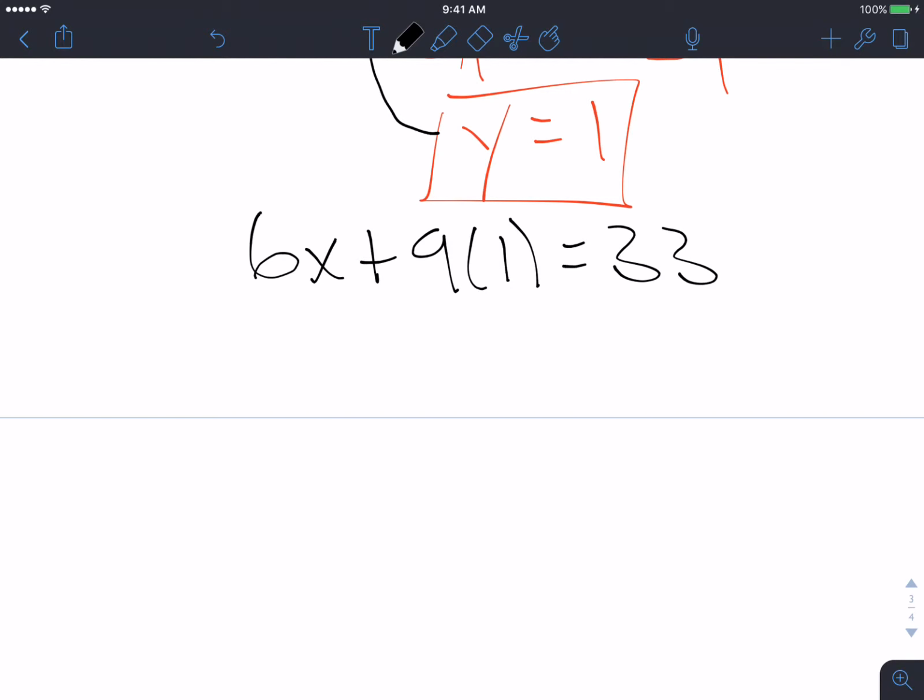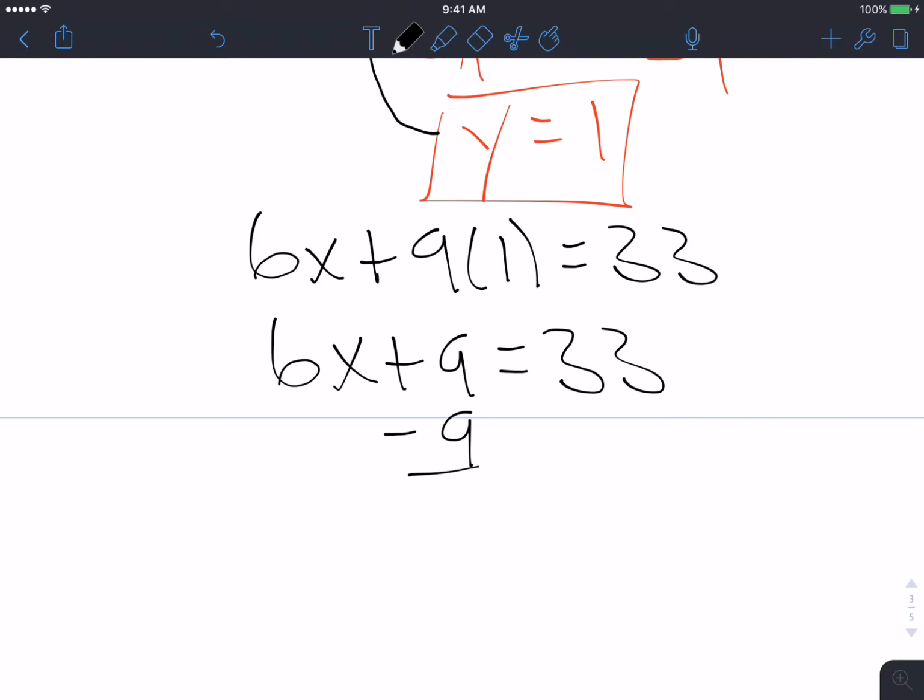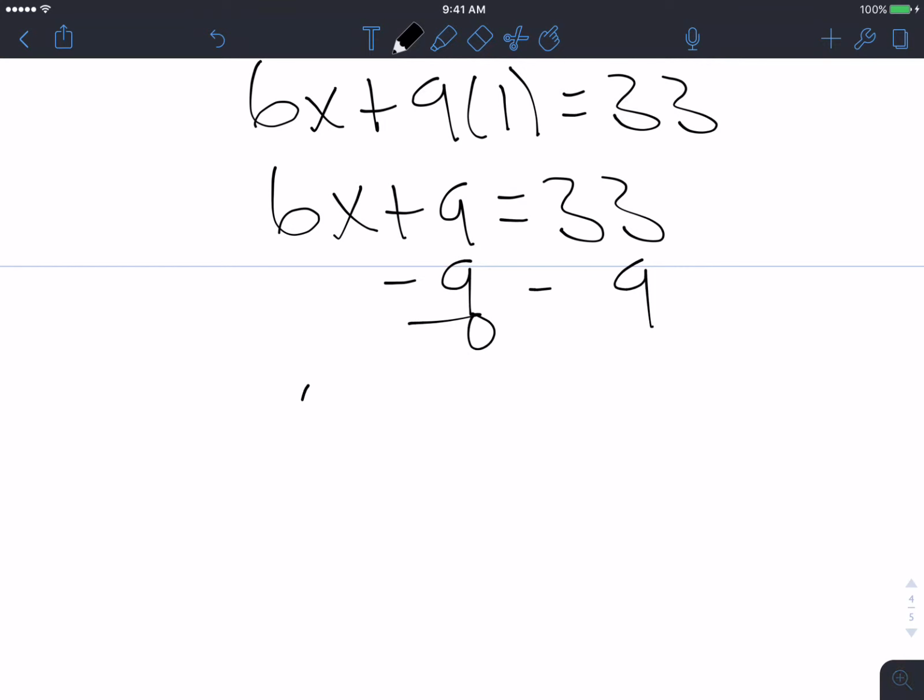And now we're going to go ahead and just solve it. 6x plus 9 equals 33. Subtract 9 from both sides. Subtract 9. 6x equals 33 take away 9.